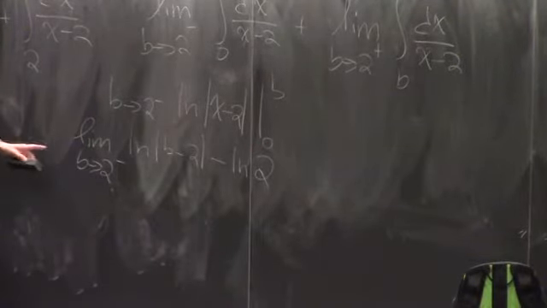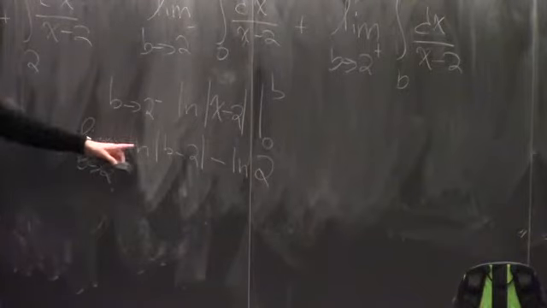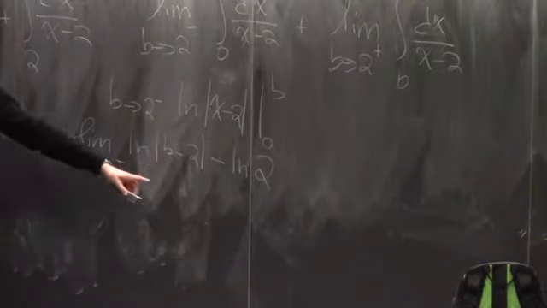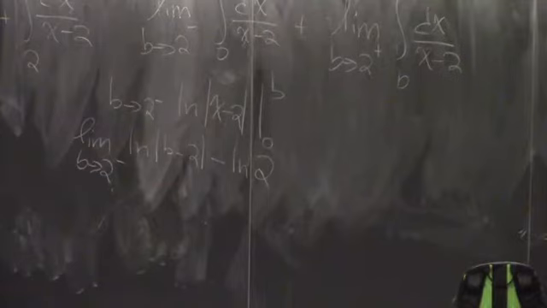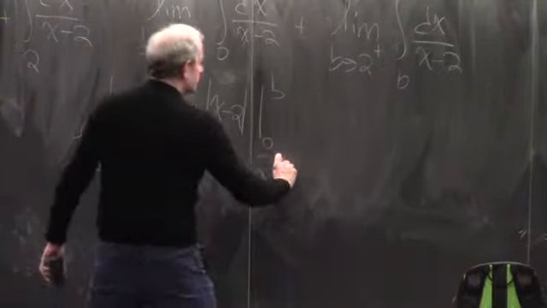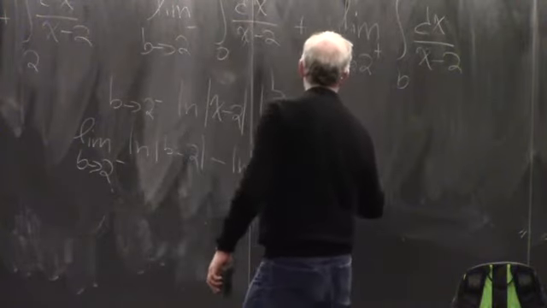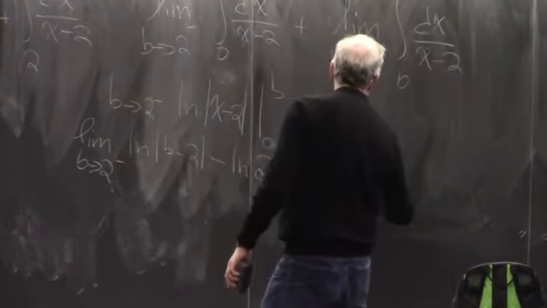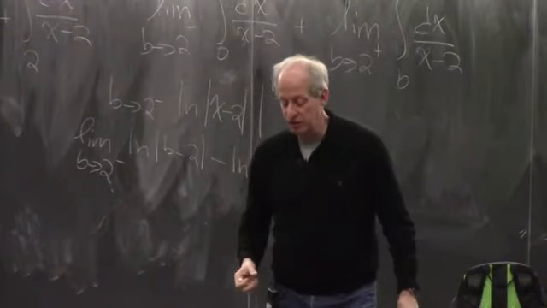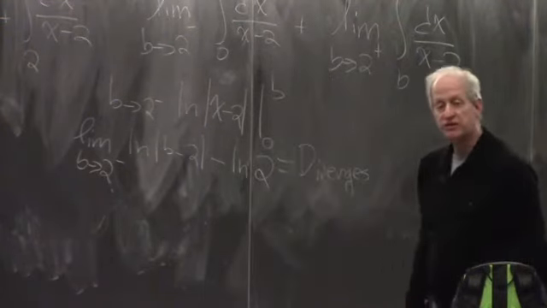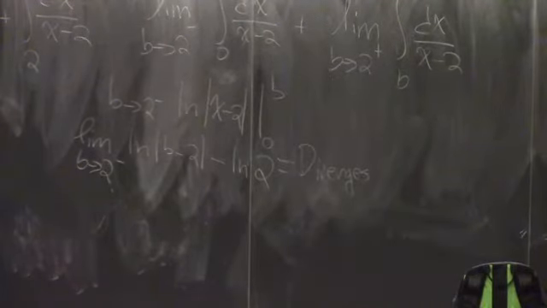Now, when b goes to 2, you're going to be doing the natural log of 0. The natural log of 0 is undefined. So this does not exist. So you're done. You could just say this diverges. And since one part of the integral diverges, the whole thing diverges. As soon as you get to that step, you're done.